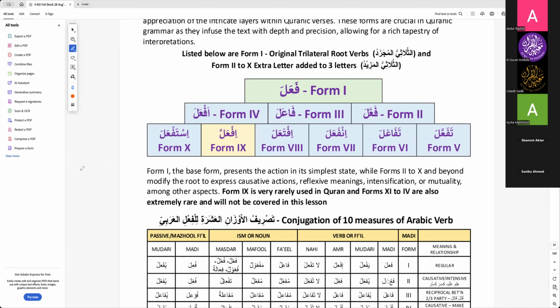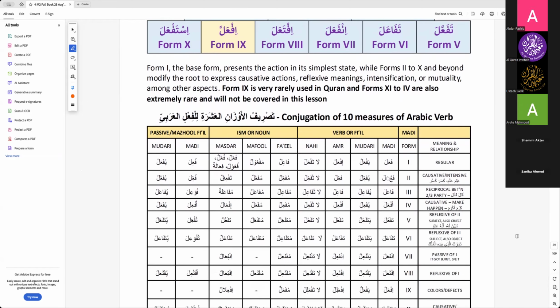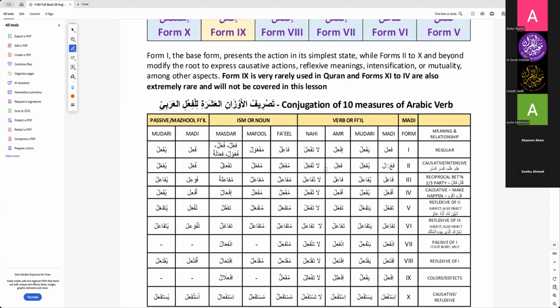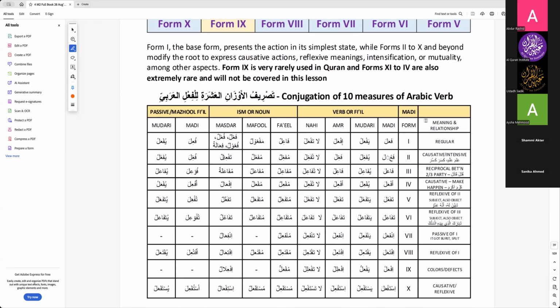So let's look at this one. Conjugation of 10 measures of Arabic verb. First one, we need to recognize madi forms, verb or fi'l. It starts with madi, mudari, amr, nahi, fa'il, maf'ul, masdar, madi majhul, and mudari majhul, the last two.